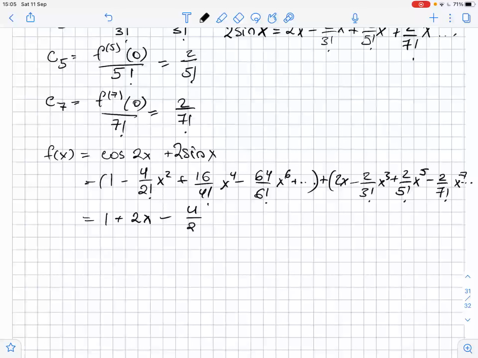Then this equals 1 plus 2x minus 4 over 2 factorial x squared minus 2 over 3 factorial x cubed, and so on.